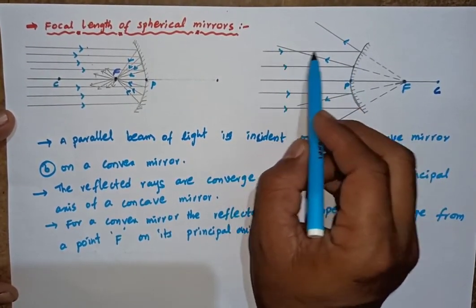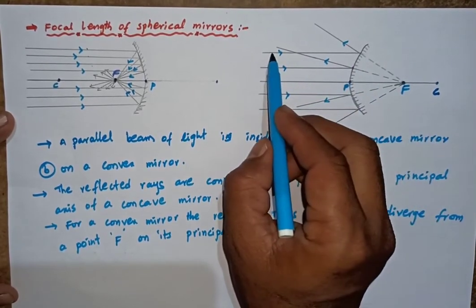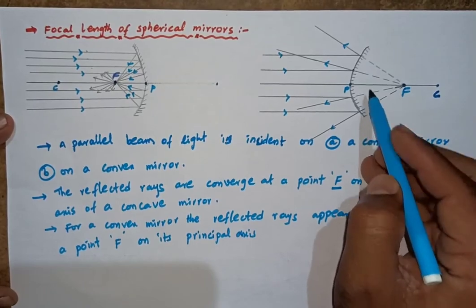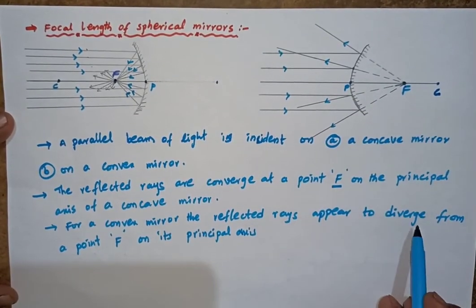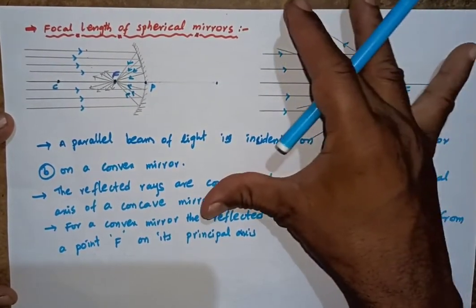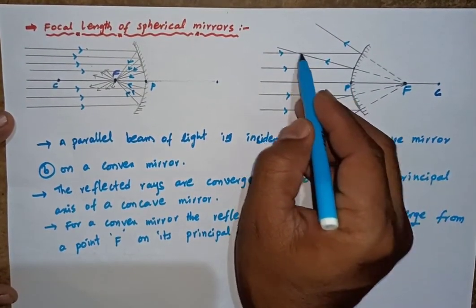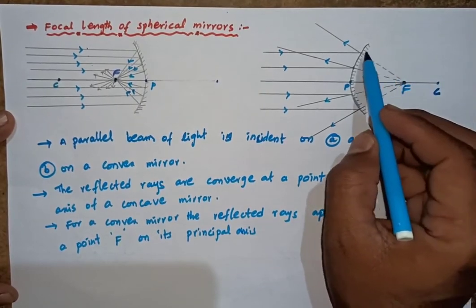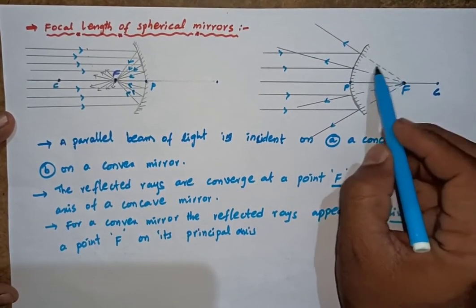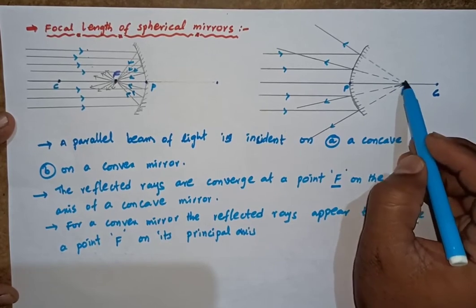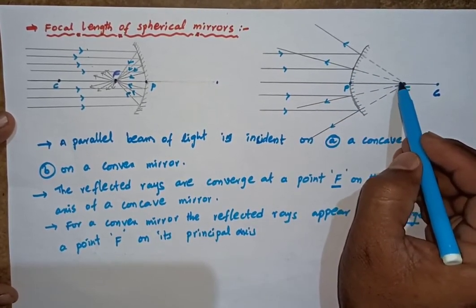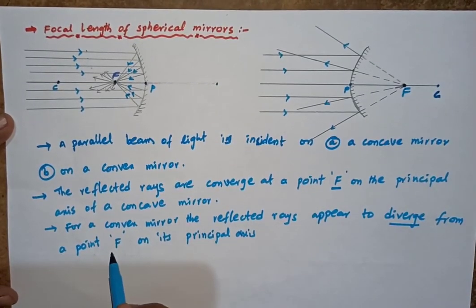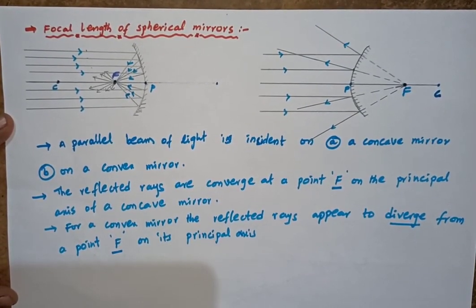When the incident beam of rays is incident on the convex mirror, the reflected rays diverge, and they appear to come from a point. They diverge from a point, and that particular point is called F.